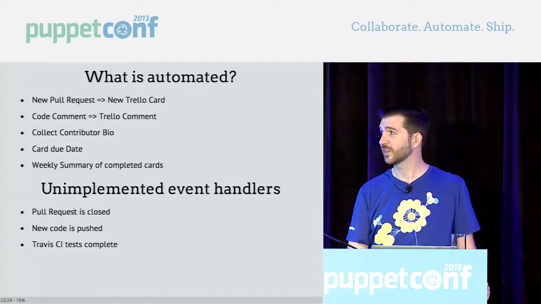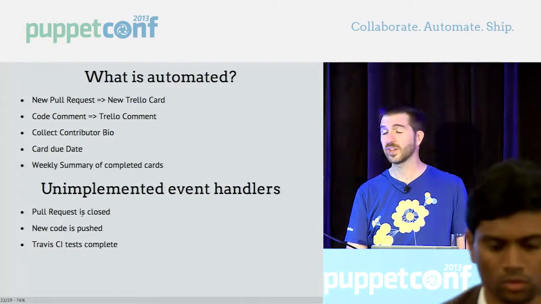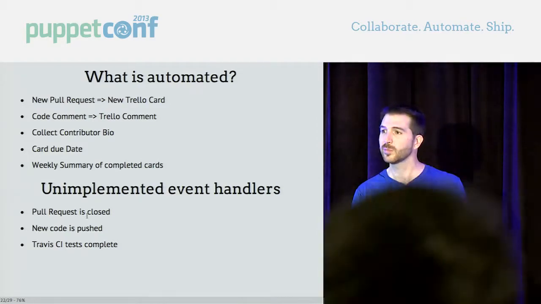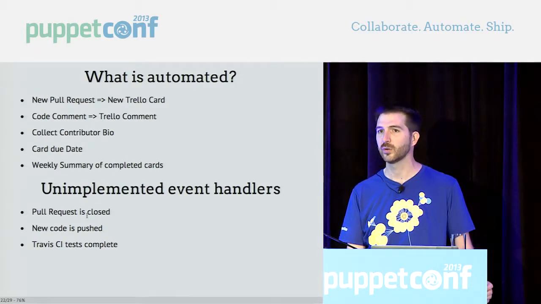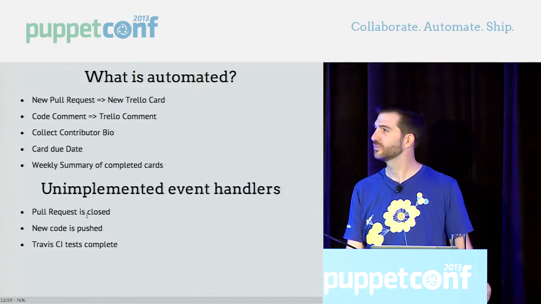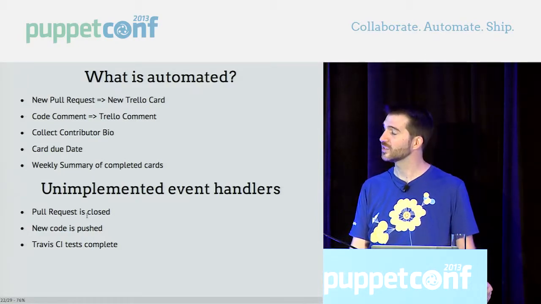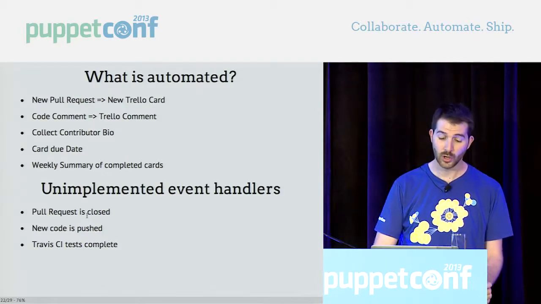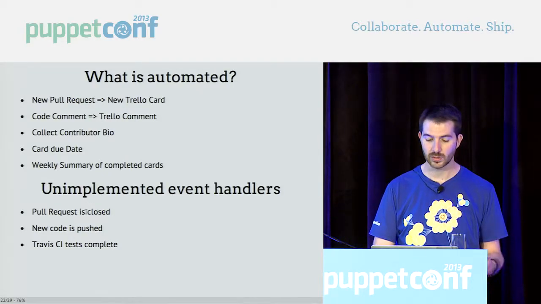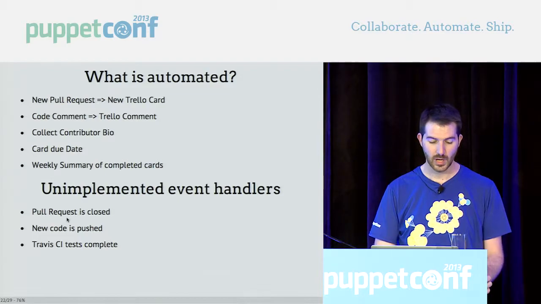If a pull request gets closed, we still get the event, and we could do something with it, but we didn't want to just delete the Trello card. We still want to manually do that just so we know, yes, this pull request is closed for a good reason. But there are hooks there if you wanted to take this code and implement your own things.